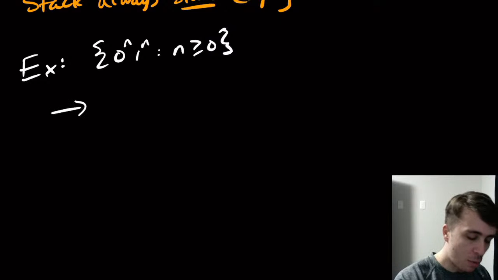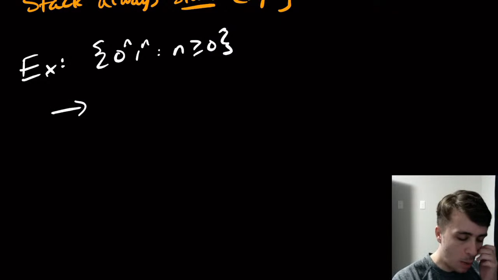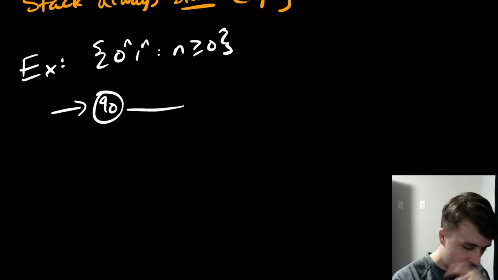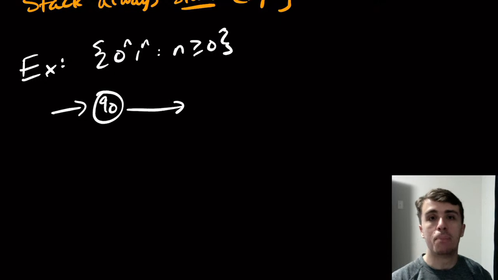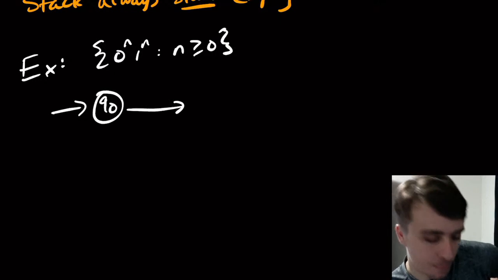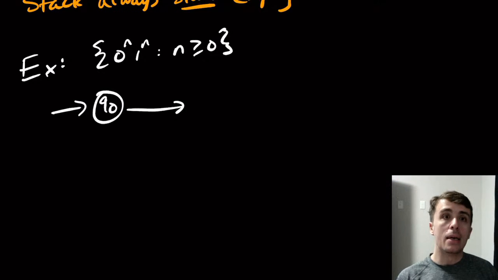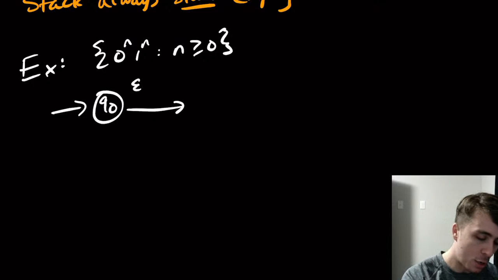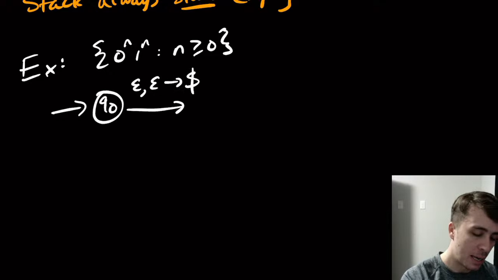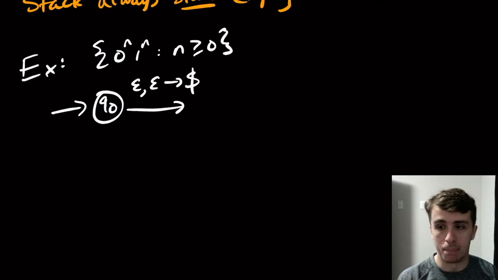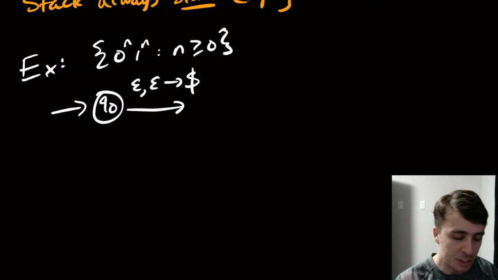The way that we'll do this, and we'll see why, is I'm going to put a bottom of stack marker on the bottom. The reason is that we don't want to ever pop an empty stack. So here, I'm not going to read anything, I'm not going to pop anything, but I'm going to push a $, which is a special symbol. It's just some symbol that I made up.